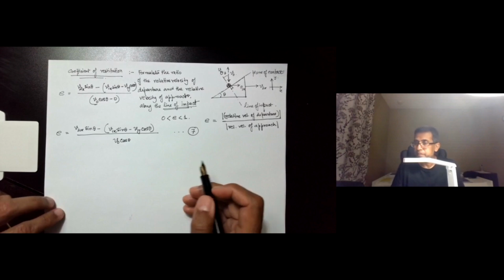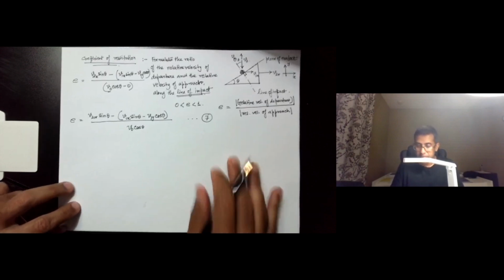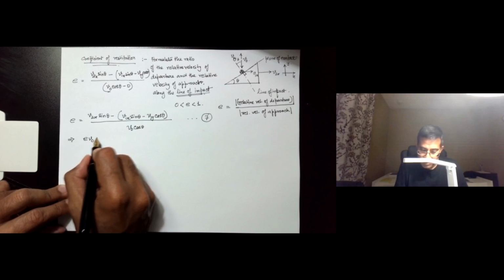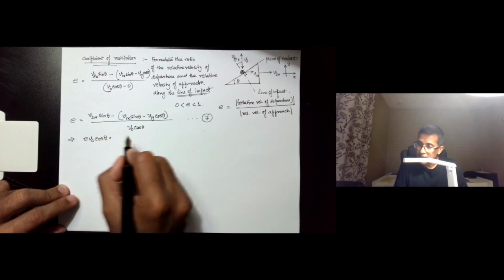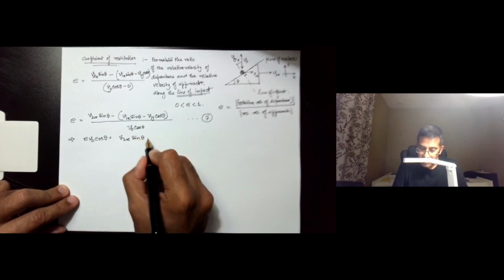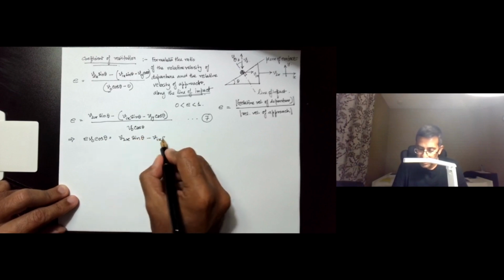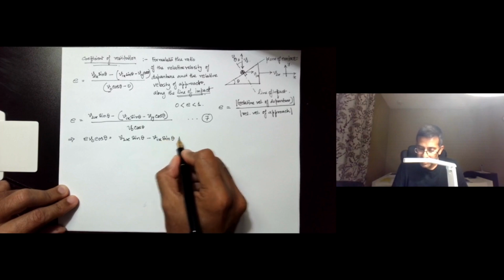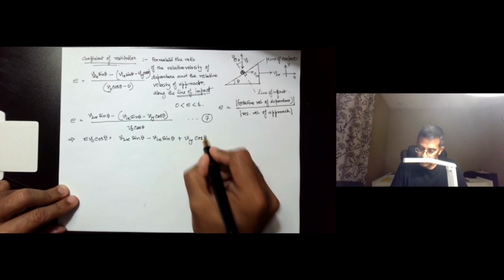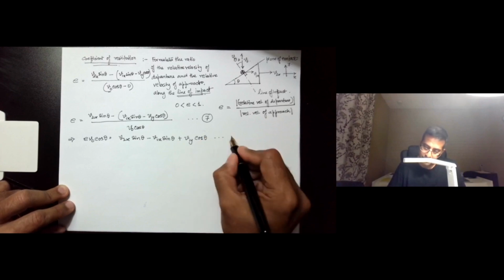So that's important. Now let me simplify this and write it a little better. We have E v0 cosine theta is equal to v2x sine theta minus v1x sine theta plus v1y cosine theta. Call this equation 8.